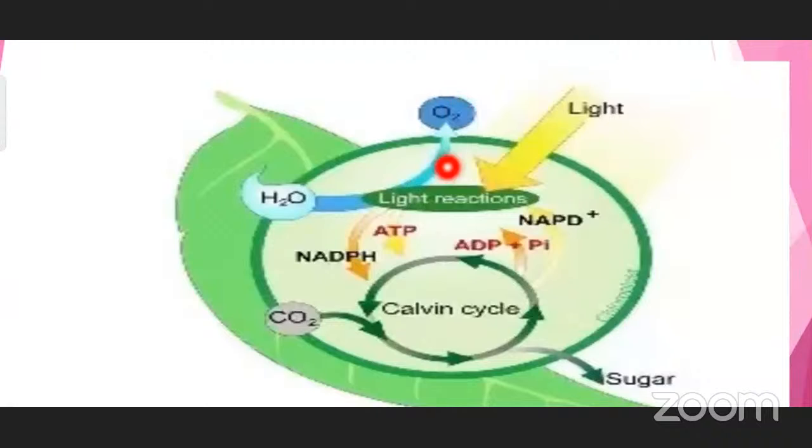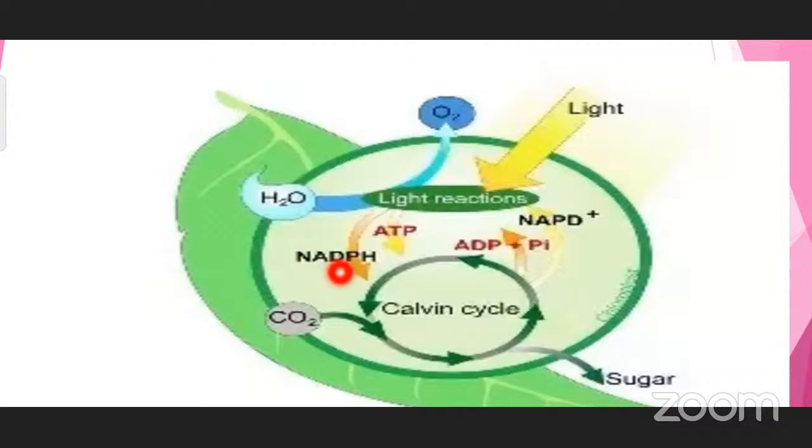As you can see, in the light reaction, ATP and NADPH are going to form here. ATP is going to form when adenosine diphosphate combines with inorganic phosphate. So ATP formation takes place in the stroma. This is a chloroplast, and in this you can see this light color is the stroma. So ATP is going to form, and NADP is going to get reduced to NADPH.